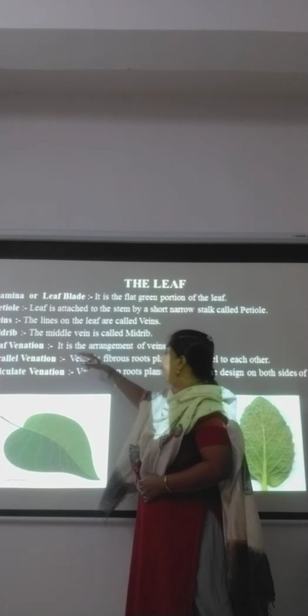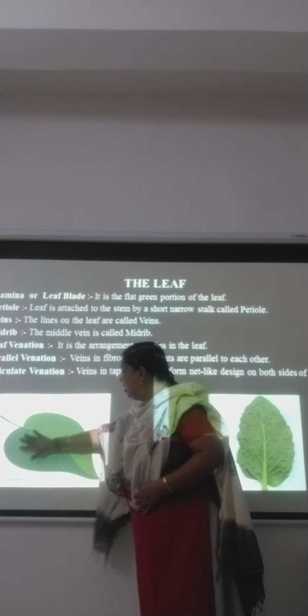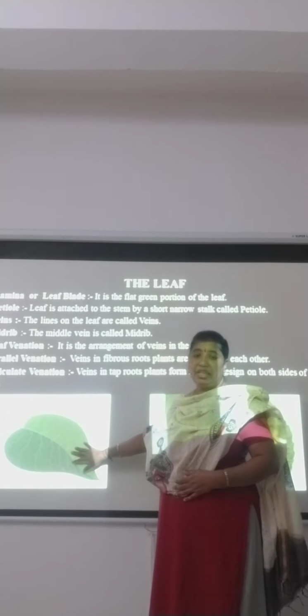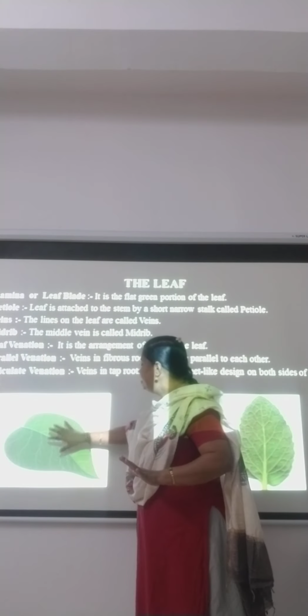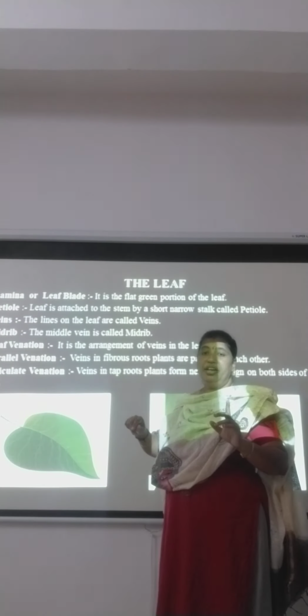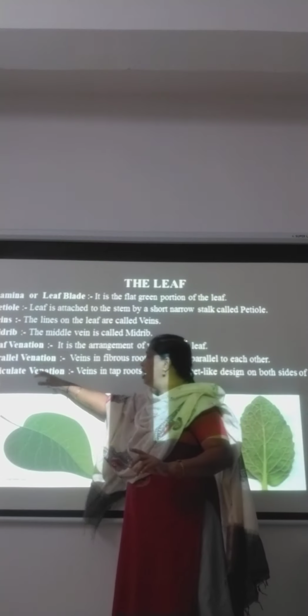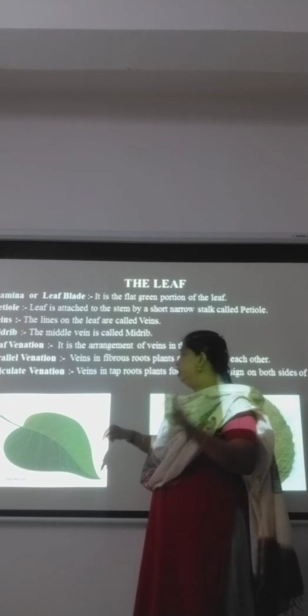Understood? Now leaf venation. The arrangement of the veins is different, and this arrangement is called venation. Understood, children? Yes. Now there are two types of venation: parallel venation and reticulate venation.